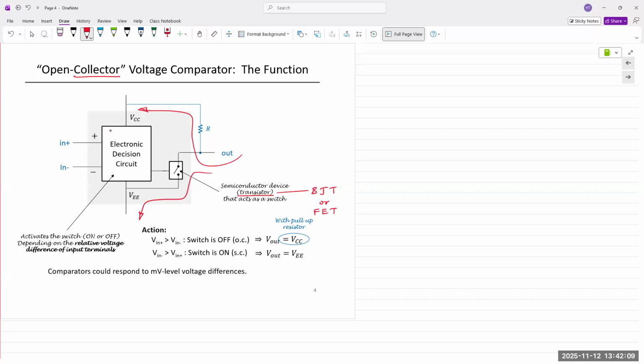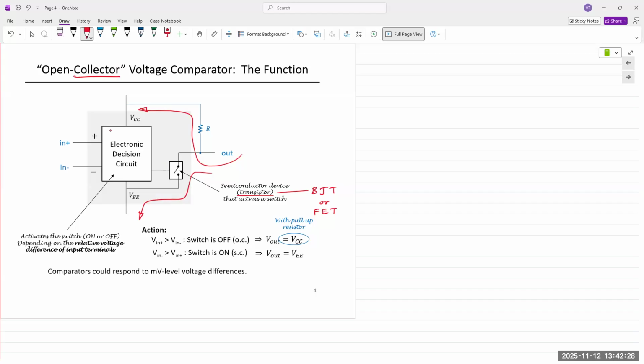This electronic decision circuit, again the comparator circuit, has a plus and a minus, meaning a positive terminal and a negative terminal. If the positive is higher than the negative, it activates and the output is 1.